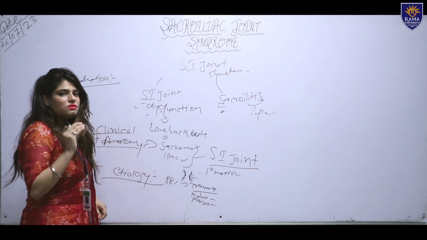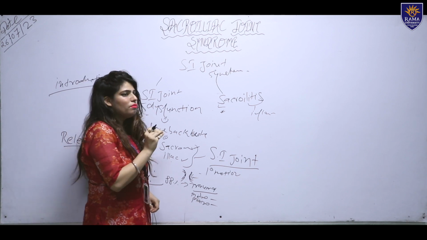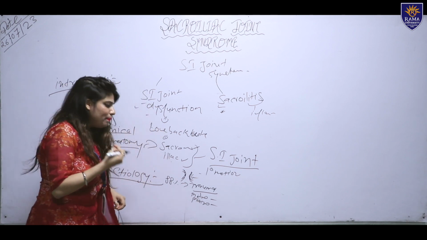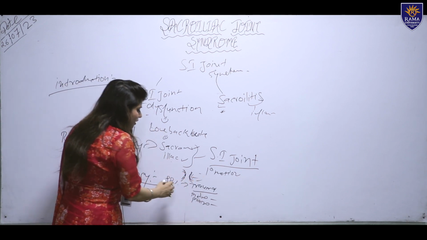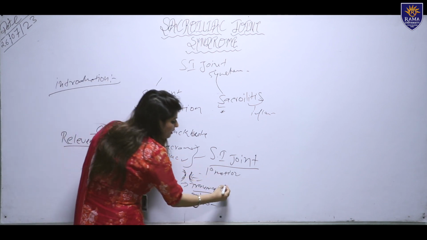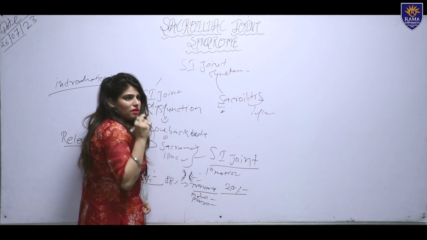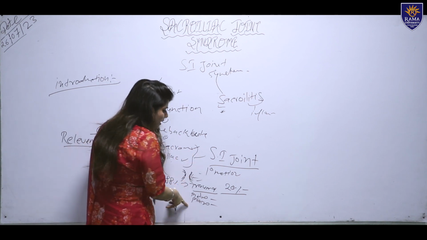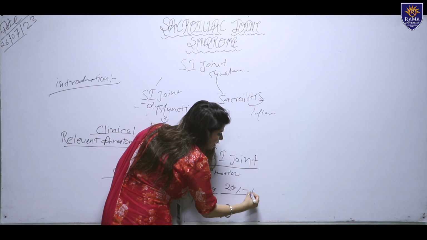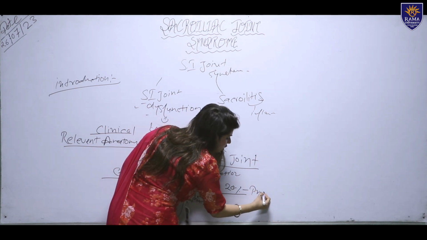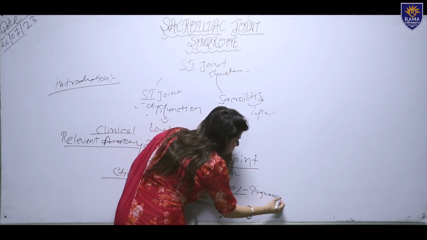So 88% of dysfunctioning or syndrome in the SI joint is presented by trauma. Then 20% of the population giving symptoms of SI joint dysfunctioning is at the time of pregnancy or after pregnancy.